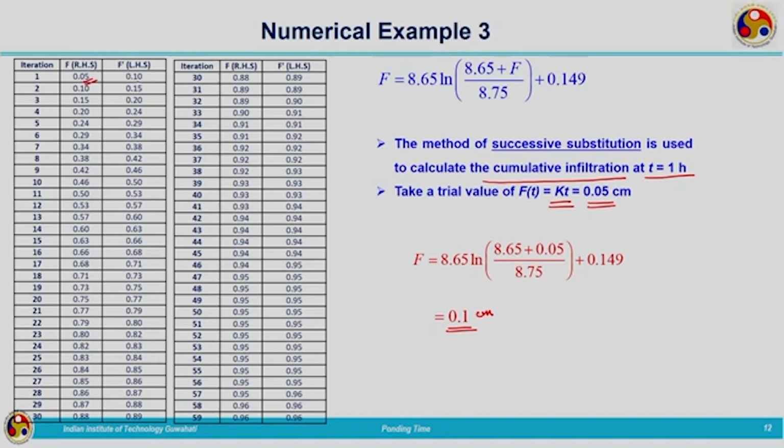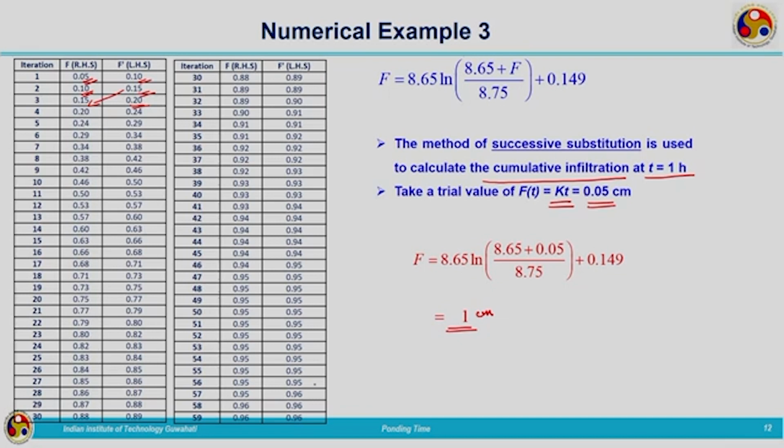We got a left hand side rounded off value, and that is considered as the next assumption, and we got the f dash value on the left hand side as 0.15. This is again substituted on the right hand side and the corresponding value is calculated. This procedure is continued until we get a match between the left hand side f dash and capital F, which is assumed and calculated on the right hand side.